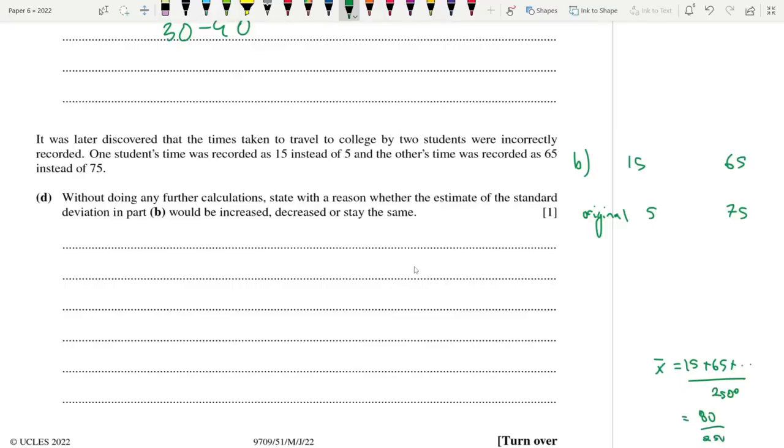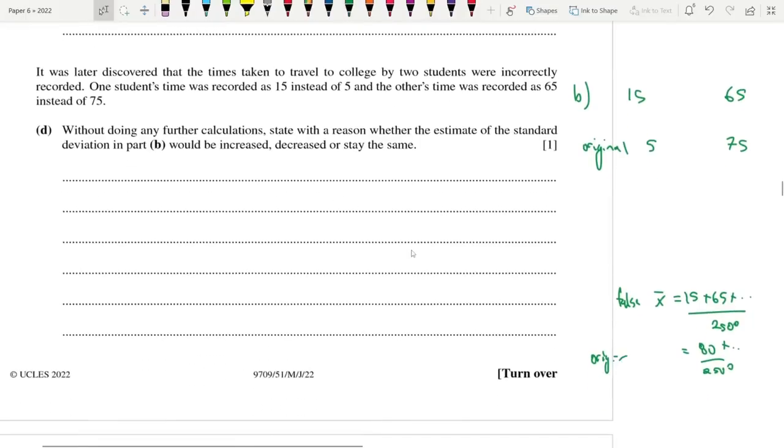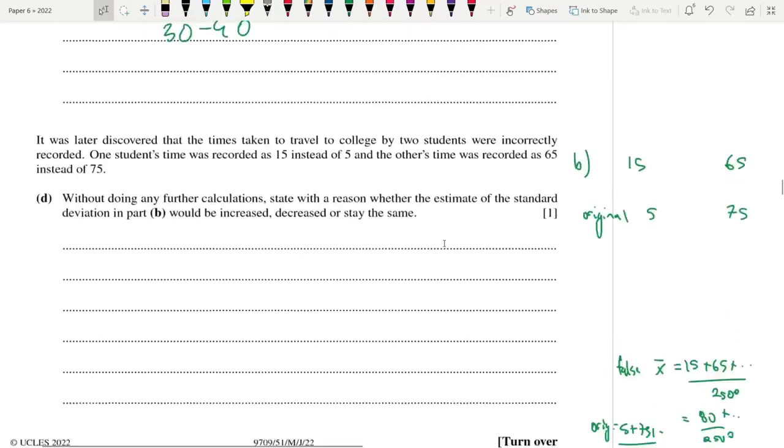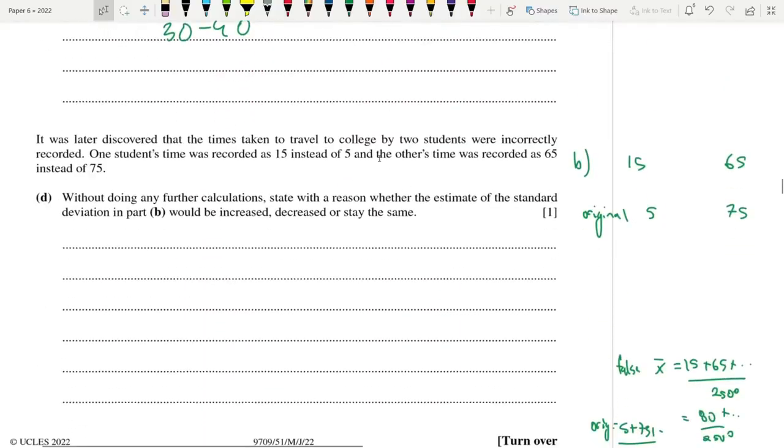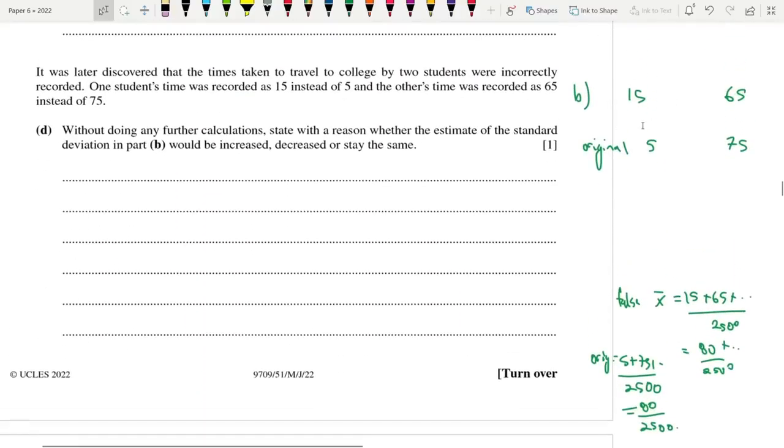And the original one should be 5 plus 75 plus other values over 2500, that's still 80 over 2500. So the mean doesn't really change. The mean is still going to be 31.44. Since 15 should have been 5, that's 10 less, but 65 should have been 75, that's 10 more. So the mean doesn't really change.